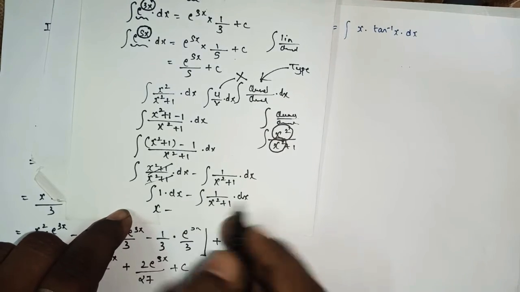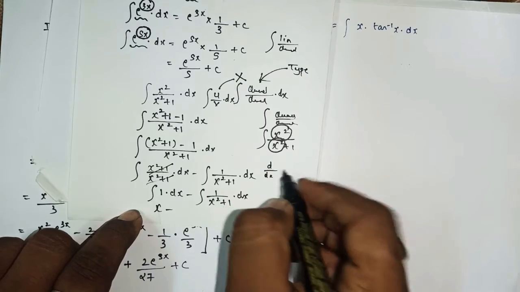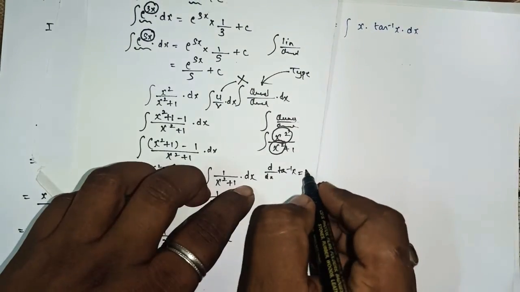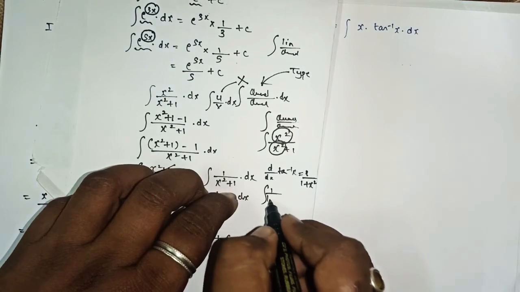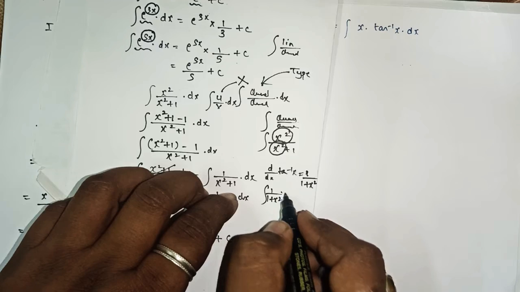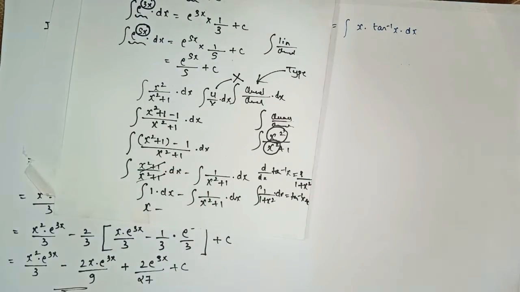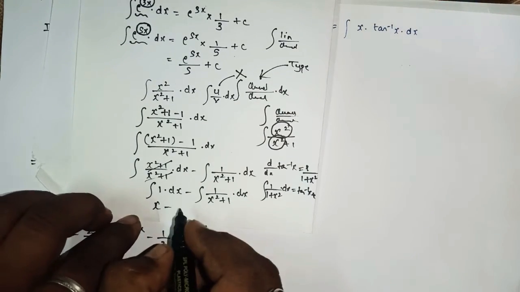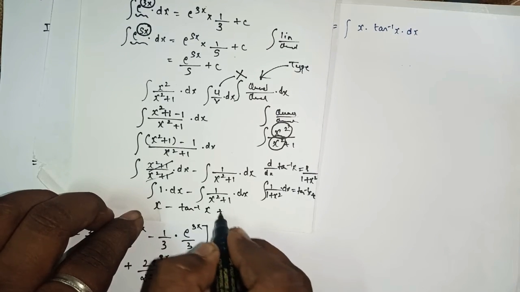And what about integration of 1 upon x square plus 1? For derivative we know that the derivative of tan inverse is what? 1 upon 1 plus x square. So integration of 1 upon 1 plus x square will be what? Tan inverse, yes or no? So 1 upon x square plus 1 will be tan inverse x plus c.